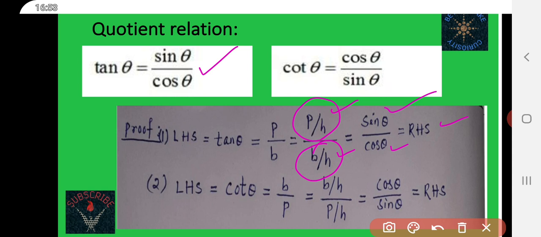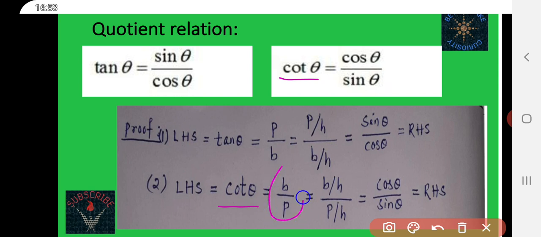Now come to the second one. So cot theta, you take cot theta. Cot theta you know is B by P. Now you divide by H: B by H and P by H. Then you get B by H over P by H. And B by H you know is cos theta and P by H you know is sin theta.